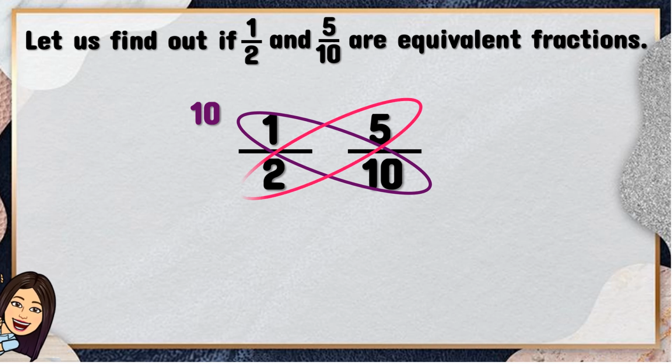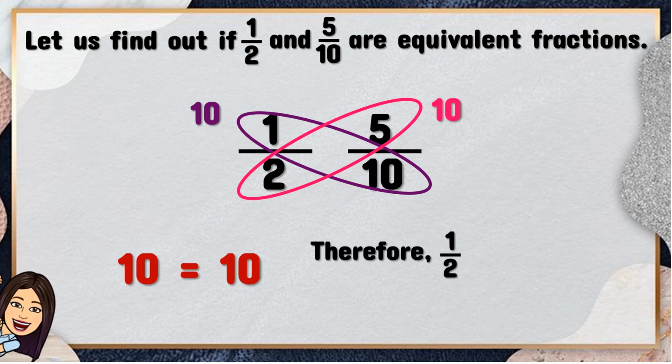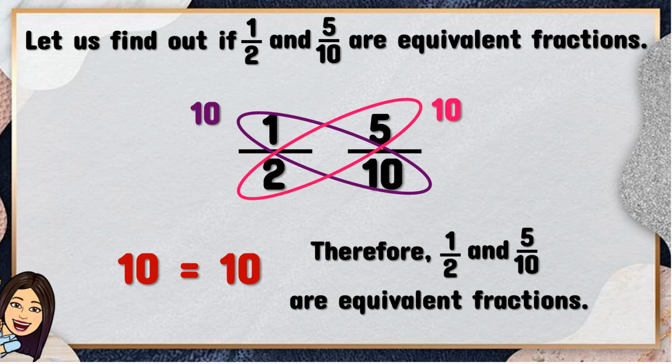Next, let's multiply the numerator 5 and the denominator 2. 5 times 2 is 10. The product of these two fractions is 10. Therefore, 1/2 and 5/10 are equivalent fractions.